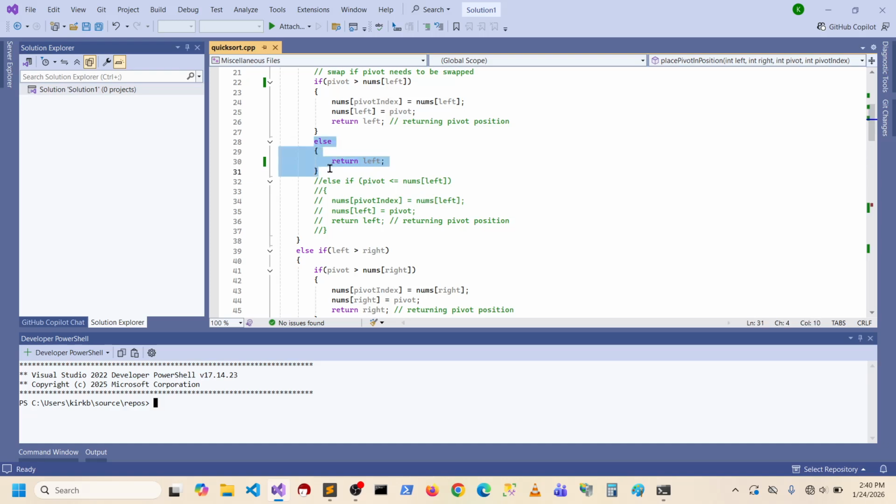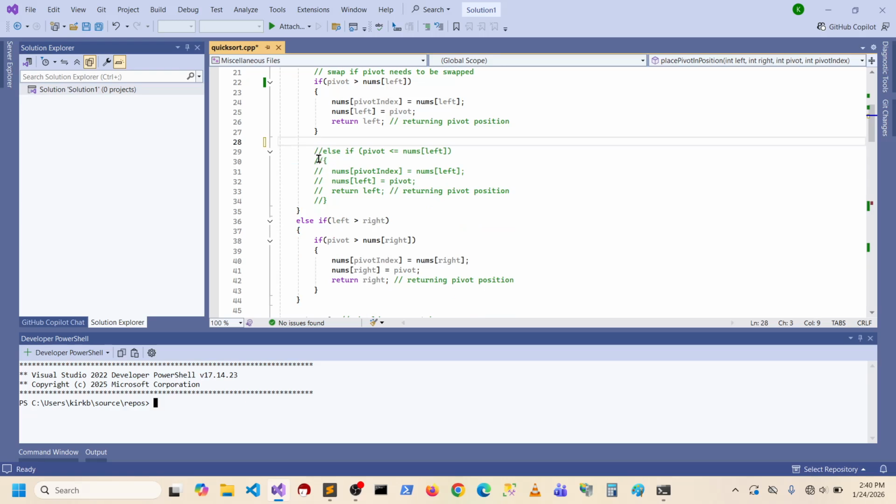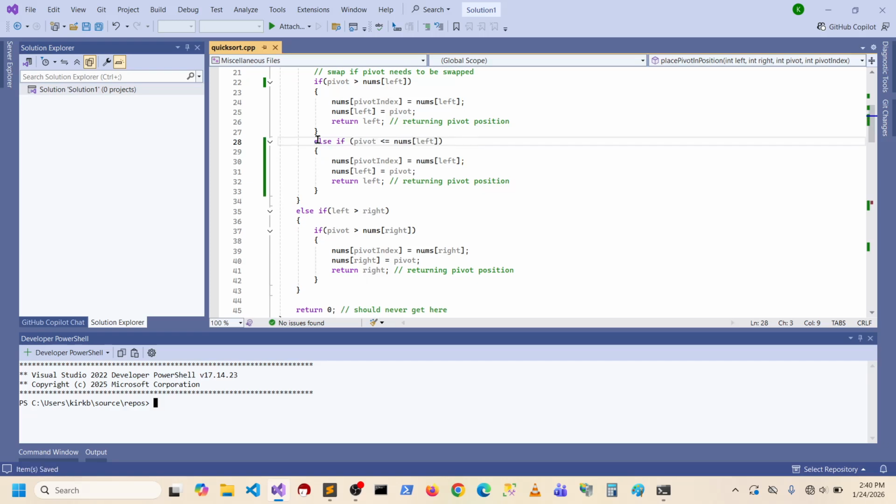So instead of this... But what if left is 1 and we do a minus 1 on this? Then it's 0.